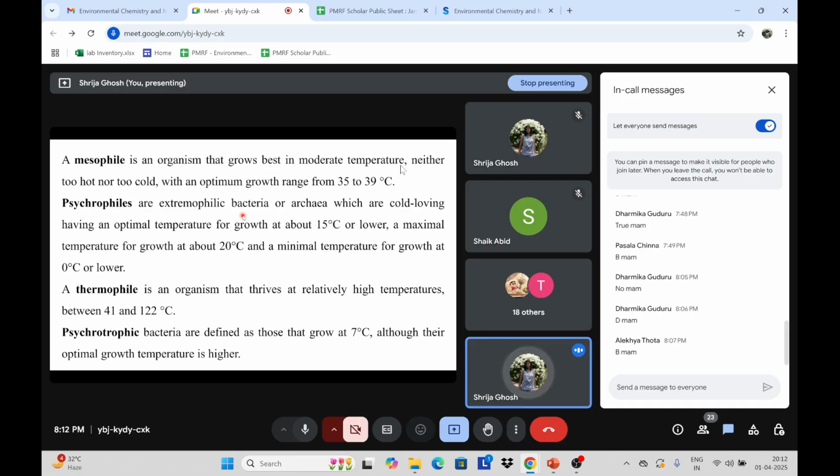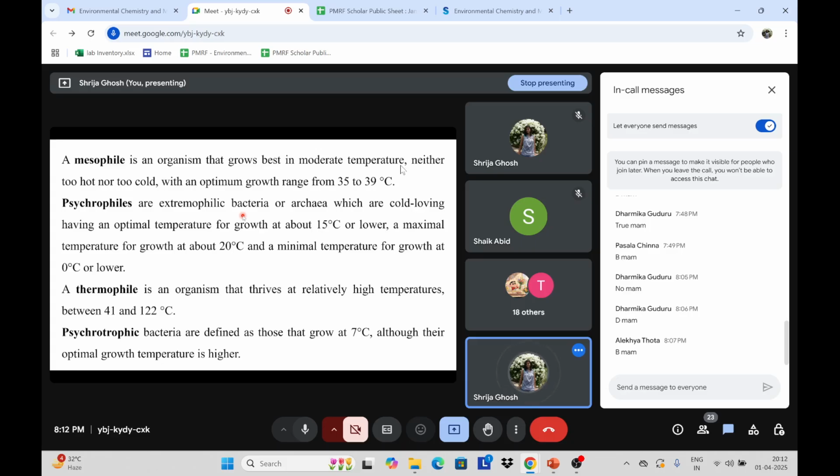When we write trophic as a suffix, it basically means that it doesn't really grow at the colder temperatures, but it can survive. It will have the optimum growth at higher temperature, like at 37 degrees Celsius, but it can also grow slowly at lower temperatures, at 7 degrees Celsius or 14 degrees Celsius.